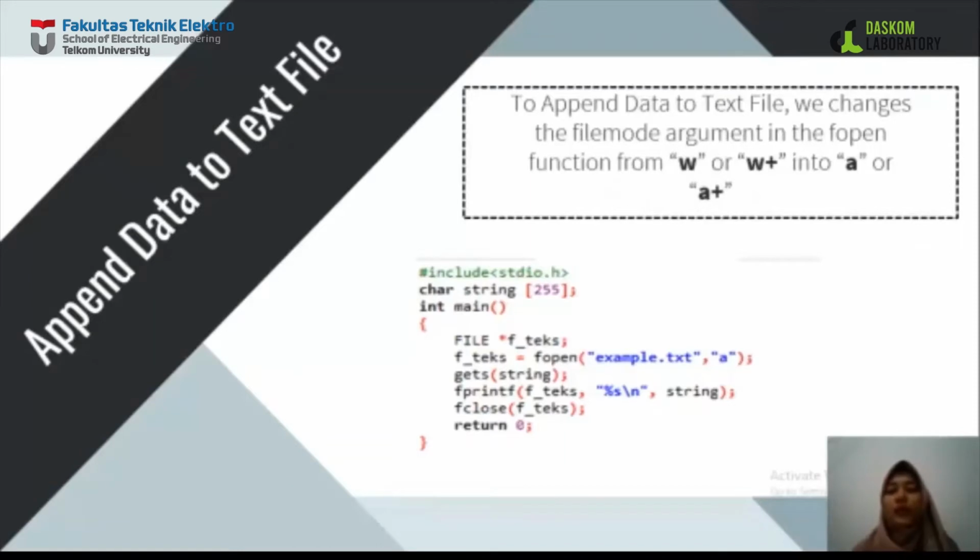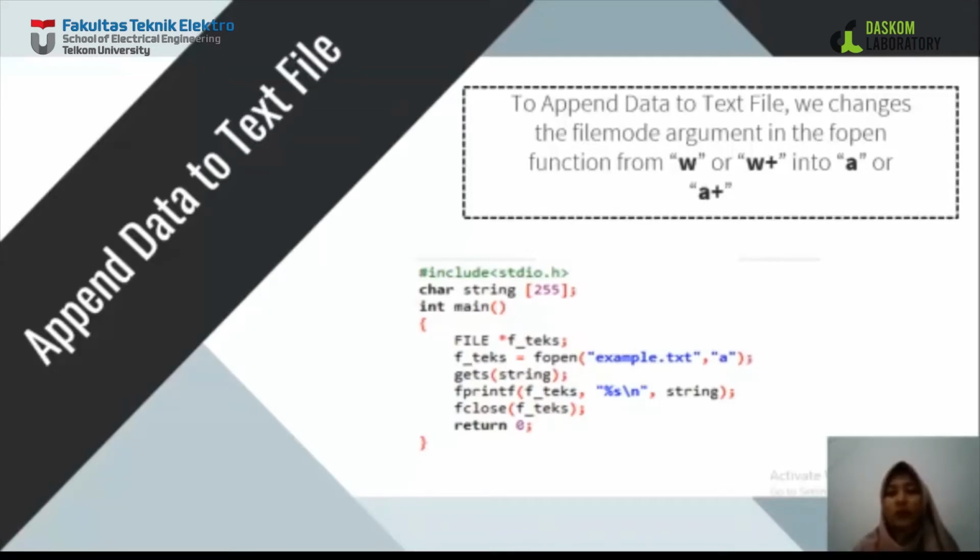To append data to a text file, we change the file mode argument in the fopen function from W or W+ into A or A+ here. The difference between append and write is just this argument.